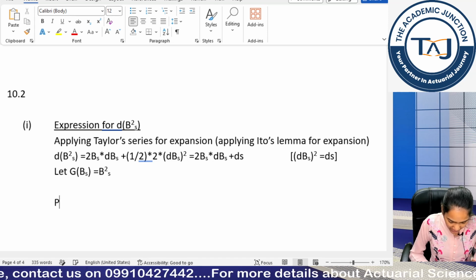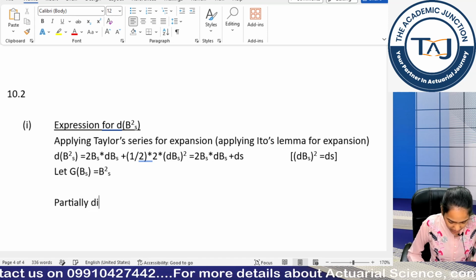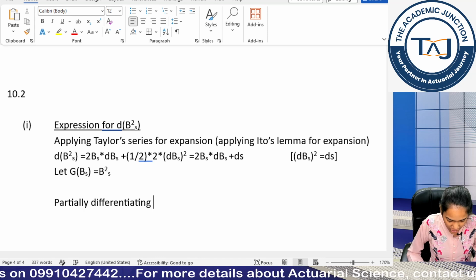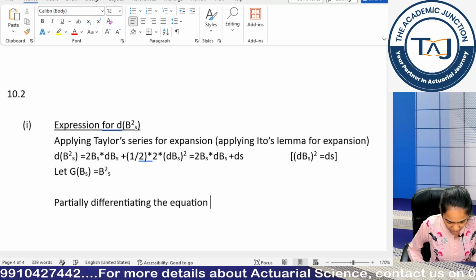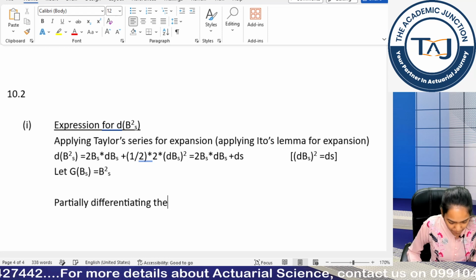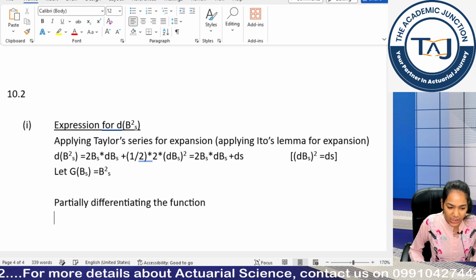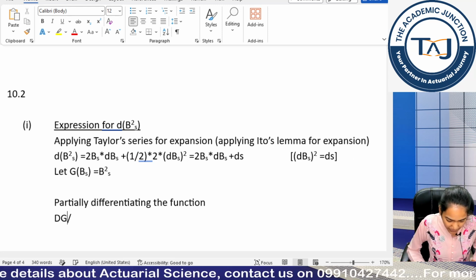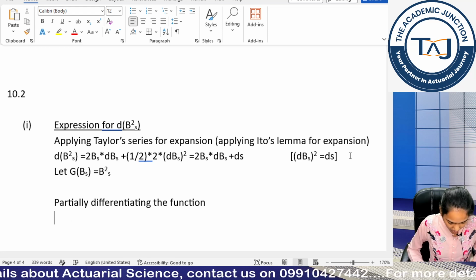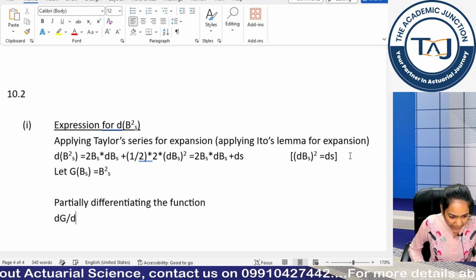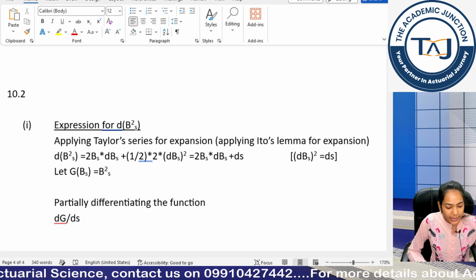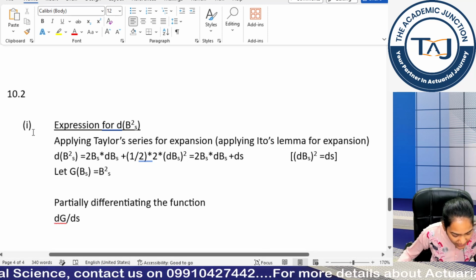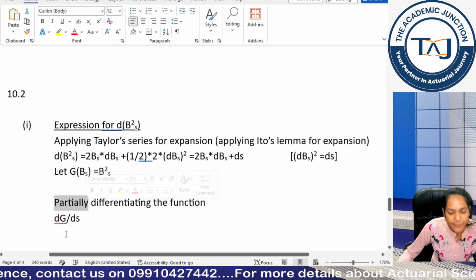Otherwise, just write at the start partially differentiating the equation, or we can say function. Okay, partially differentiating the function. Now we can simply use dG by dS.